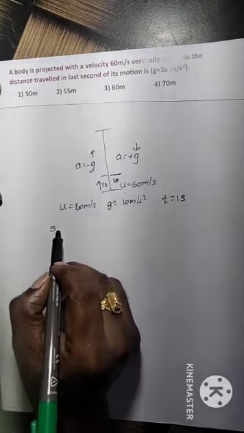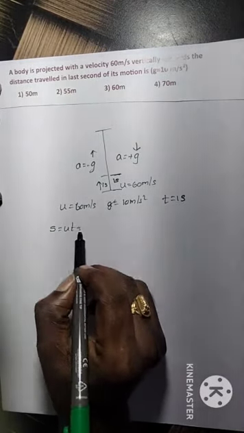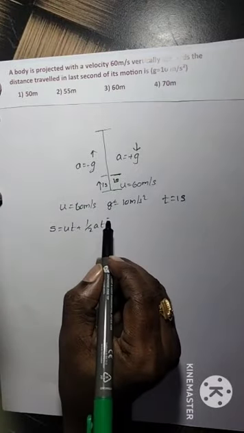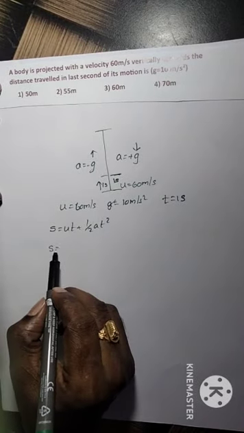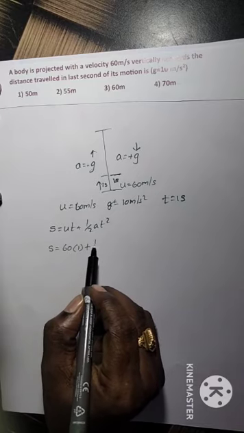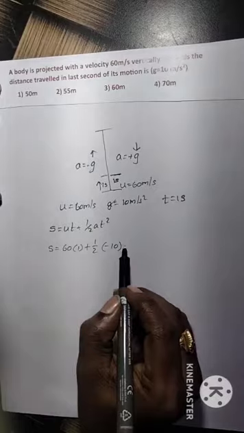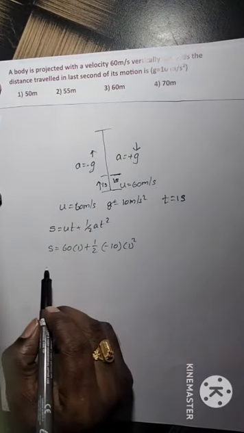So we have to take one of the equations from the equations of motion. S is equal to ut plus half at square. Then S is equal to u, 60 in 1 second, plus half a value, minus 10, into t square, that is 1 square.